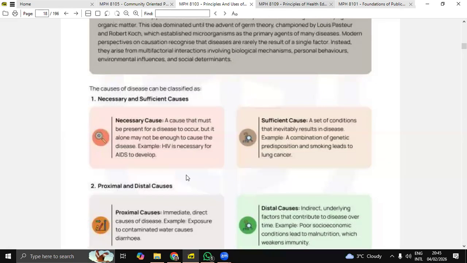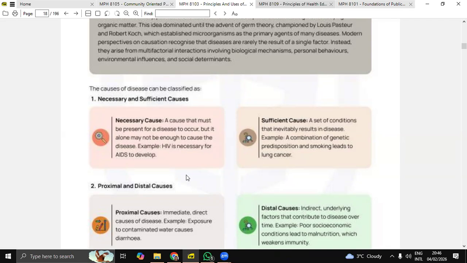Why? Because if a person is vaccinated, whether your immunity is low, whether you are sleeping in crowded areas, because the organism is not present, if we have eliminated it, then the person is not going to develop that disease. If there's no tuberculosis, nobody is going to get tuberculosis. That's the point of it. So target your effort at that necessary cause.